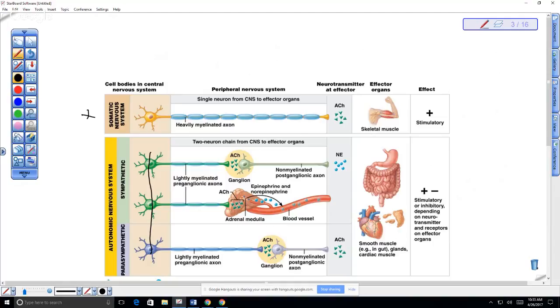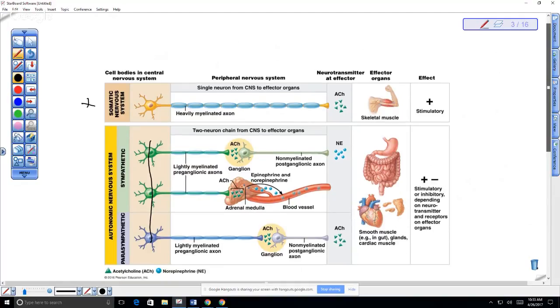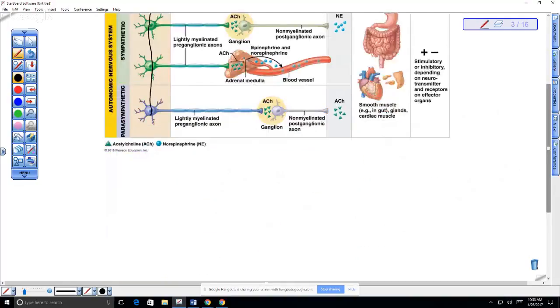The other thing I want to mention here is that when we compare the parasympathetic and the sympathetic, in the parasympathetic, the ganglia are actually close to the organs where they innervate. So ganglia are close to innervated organs.